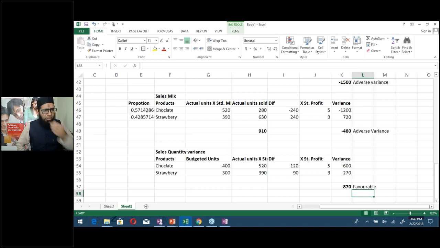Abid, this is the method to do it for the sales quantity variance. I know this method, but if you are comfortable in a spreadsheet, then once you have done your mix variance, the majority of the time you have to copy and paste it, so you don't need to do that. This is just my way of doing things.